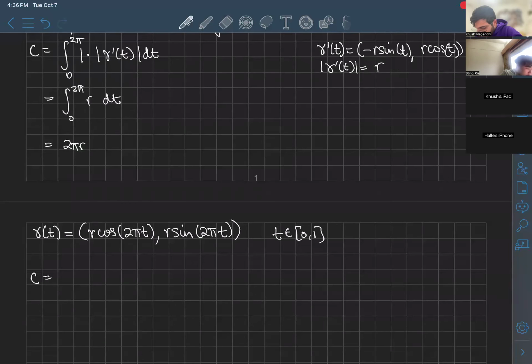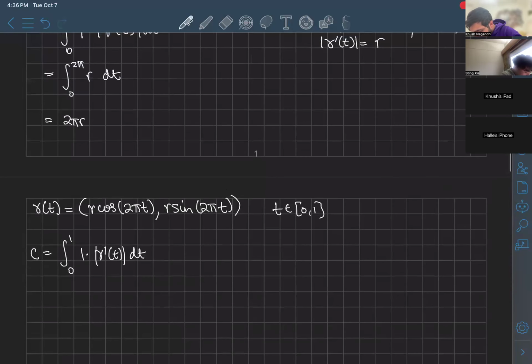So we look at the circumference as the integral from 0 to 1 of 1 times the norm of gamma prime of t dt. But if I take the norm of gamma prime, let's see. If I take gamma prime of t, I get a 2 pi r out front and then negative sine t, cosine t.